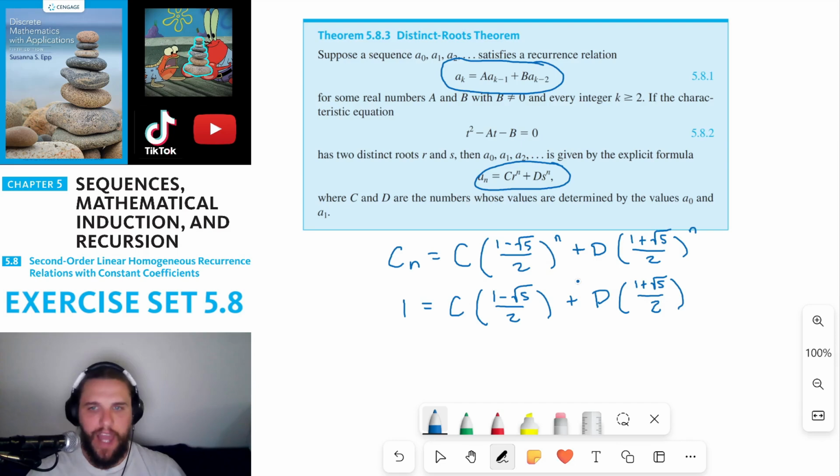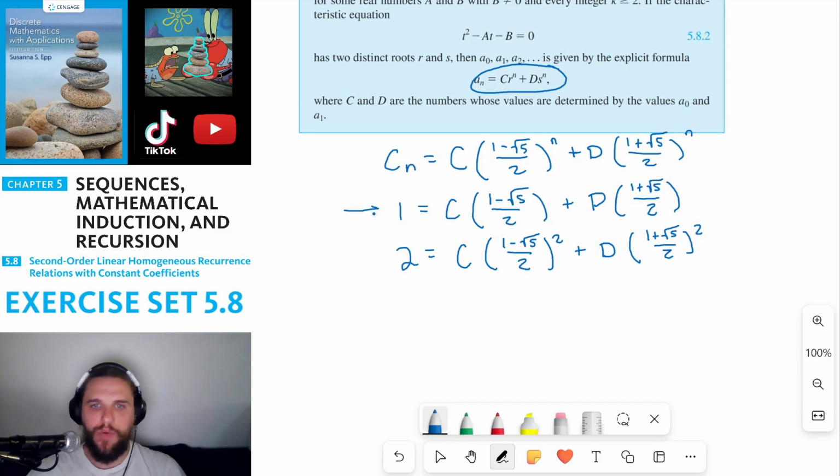That's if we plug in n equals 1. Now let's plug in n equals 2. If we plug in n equals 2, we get 2 as the result. So 2 equals c times 1 minus root 5 over 2 squared plus d times 1 plus root 5 over 2 squared. And so we have two equations with two unknowns.